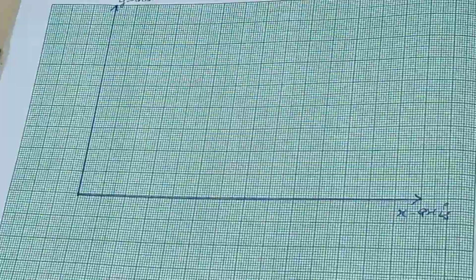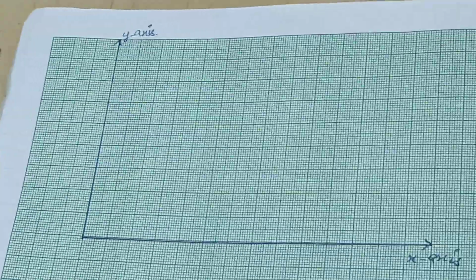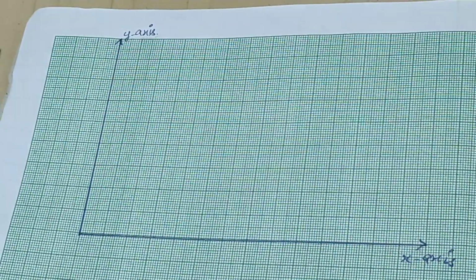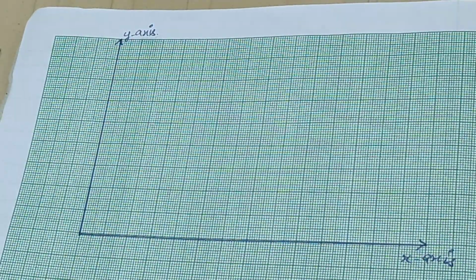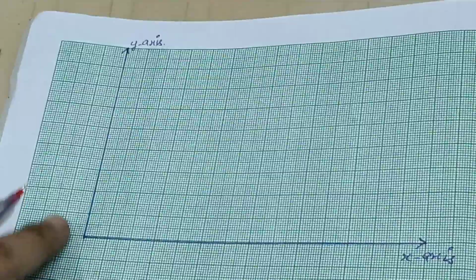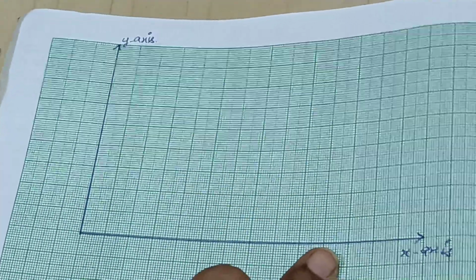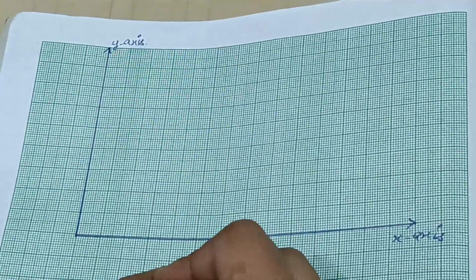Now comes the point of which data you want to represent on which axis. So I am taking number of students on the y-axis and preferred activities on the x-axis. So I have to mention which data I am taking on which axis.